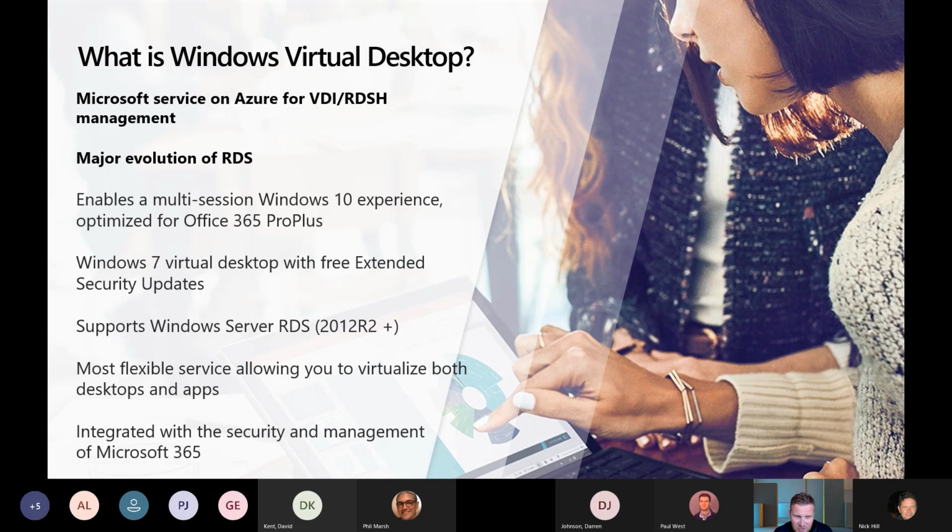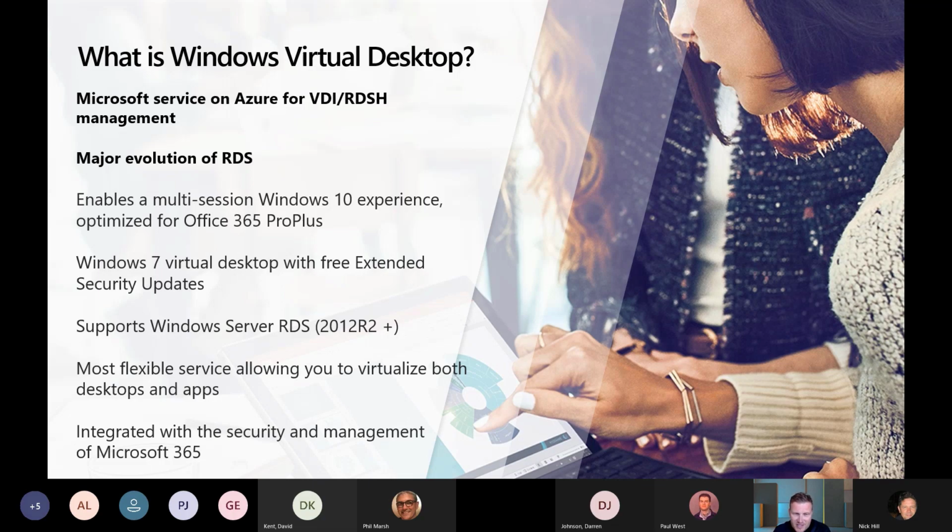Like I said, it supports Windows Server, and that's Windows Server 2012 R2 and up. And it's one single service for the management of both published apps and published desktops. Now, that might be a bit of a moot point to some people, but that's really there to differentiate this service against AWS Workspaces and AppStream, which is two products, two parts of the AWS portal, and two costs associated with that.